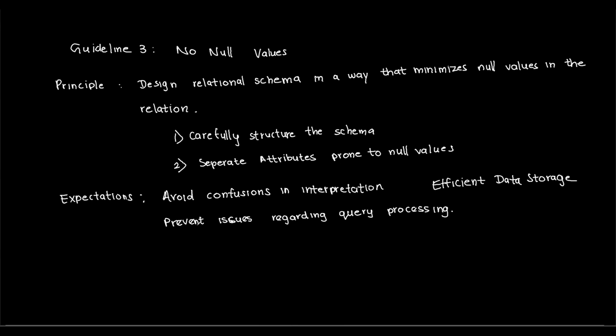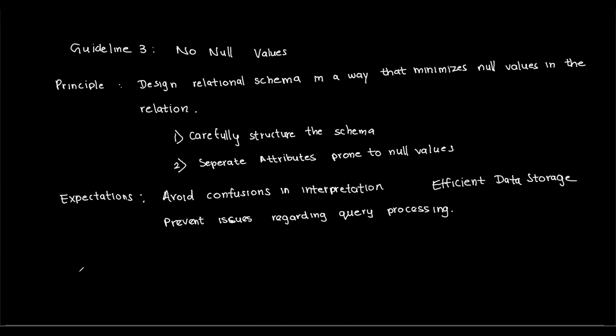If you have null values, there is a high chance that we can end up with some issues. So decomposition is the only way here. As I explained, for guideline 2 and guideline 3, decomposition is the only way, so that we don't have any null values in the relation.